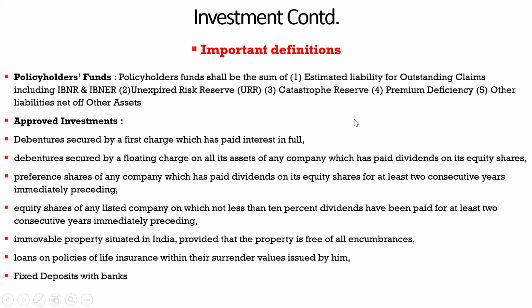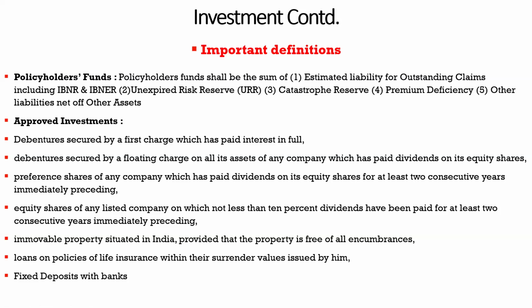So the constituents of policyholders fund are estimated liability, meaning outstanding claims, definitely including IBNR, unexpired risk reserve, premium deficiency reserve, catastrophe reserve if something has been prepared, and other liability which does not pertain to shareholders, that is, liability which is going to be paid to policyholders in the future.